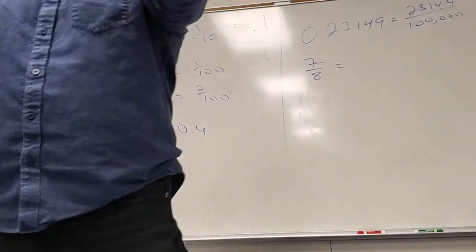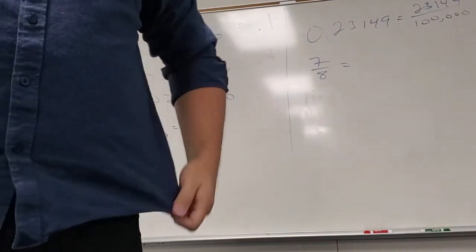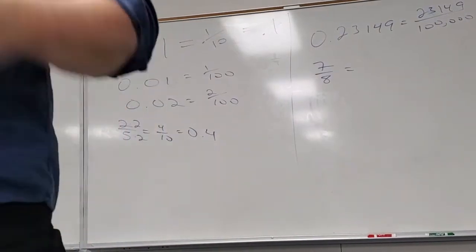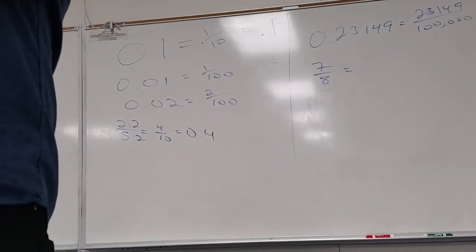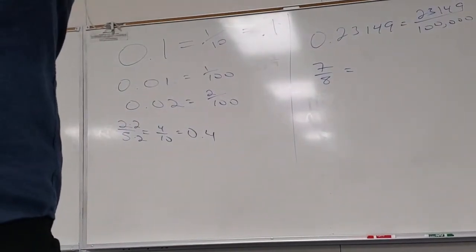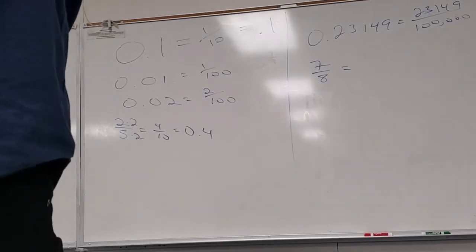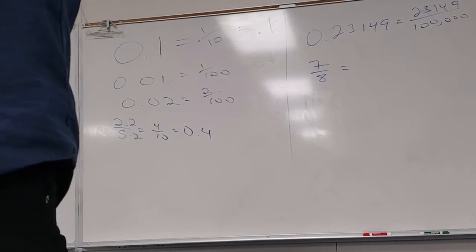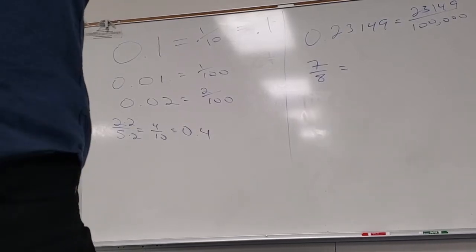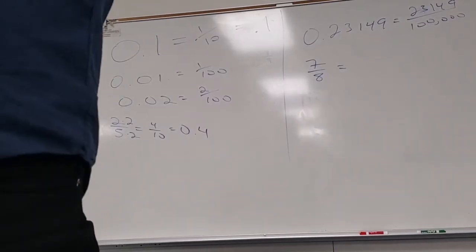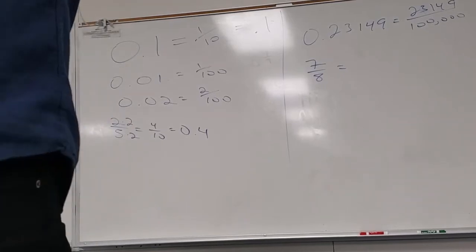Does anyone know what's special about the fraction 1/3, for example? Does anyone know what the decimal looks like for 1/3? It's point three, forever. So every fraction can be represented as a decimal, but some of them will be forever repeating decimals.